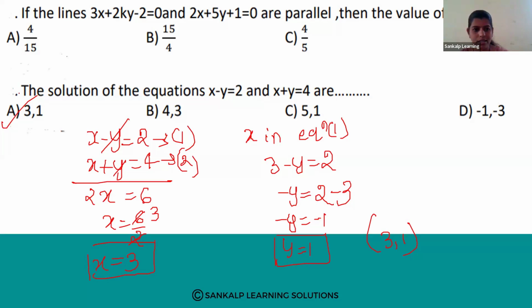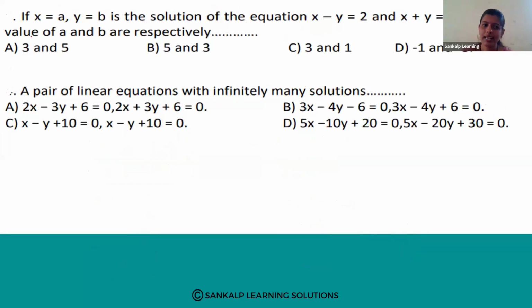Okay. Next one. If x is equal to A, y is equal to B, is the solution of the equations x minus y is equal to 2 and x plus y is equal to 4, then the value of A and B. So again it is the same as the last question. It can be asked like this also.